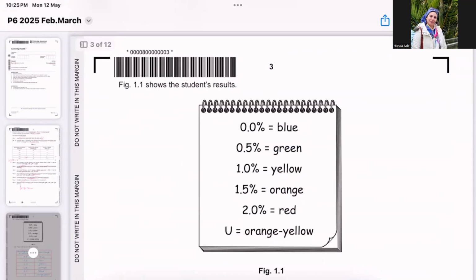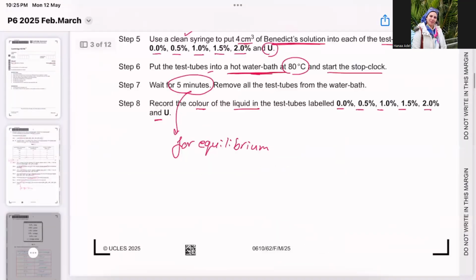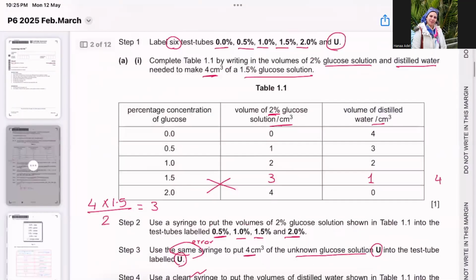This 0%, the blue color, means that there is no reducing sugar because this is the same color as the Benedict solution. And if we return back, we can find there is no glucose solution, but just distilled water. So we can use this test tube as a control.